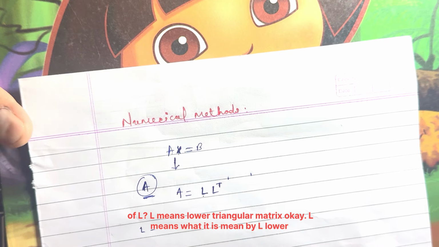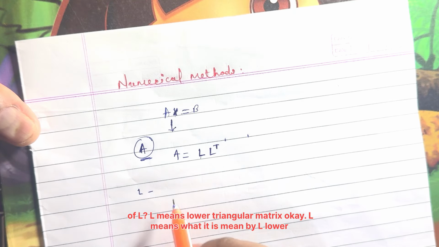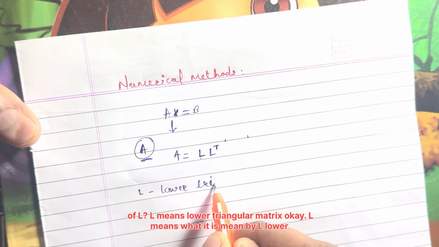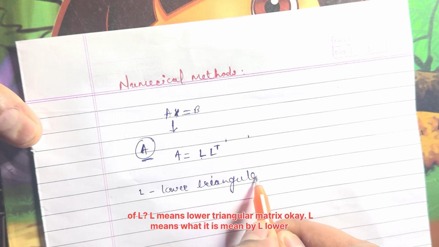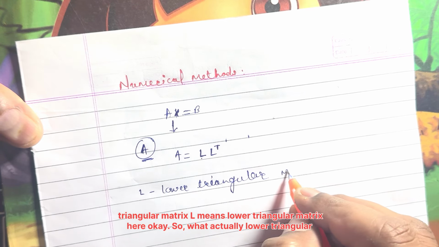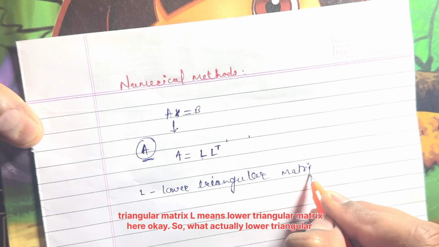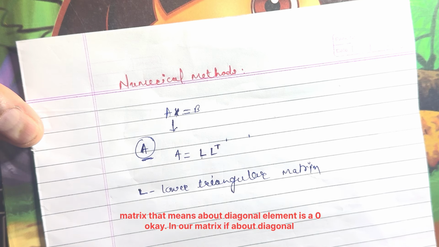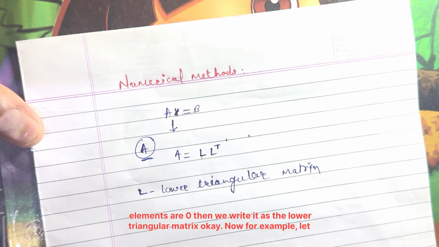What is a lower triangular matrix? It means the elements above the diagonal are 0. In our matrix, if the elements above the diagonal are 0, then we call it a lower triangular matrix.